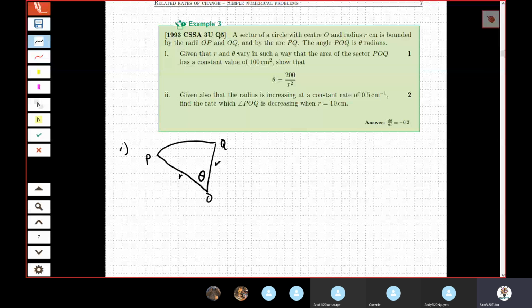Given that R and theta vary in such a way that the area of the sector has a constant value of 100 centimeters squared, show that theta is equal to 200 over R squared. Okay, so the area is always 100.